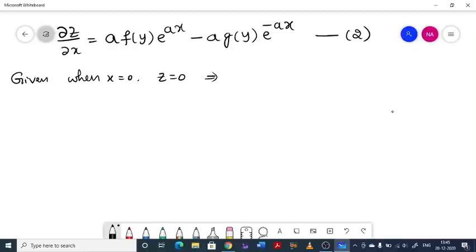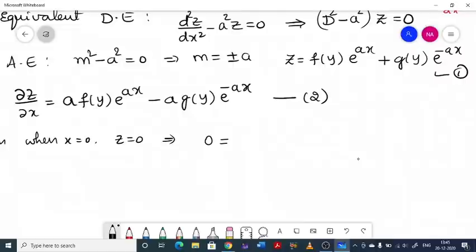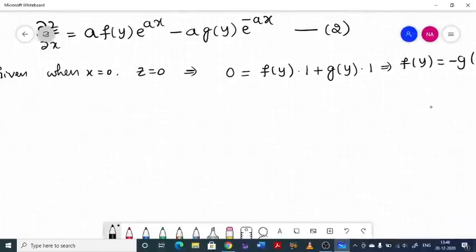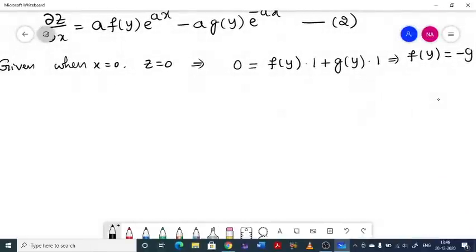So this condition implies 0 equal to, look into z here, f of y into e power 0, 1, plus g of y into again e power 0, 1. So from this we will be having f of y equal to minus g of y.